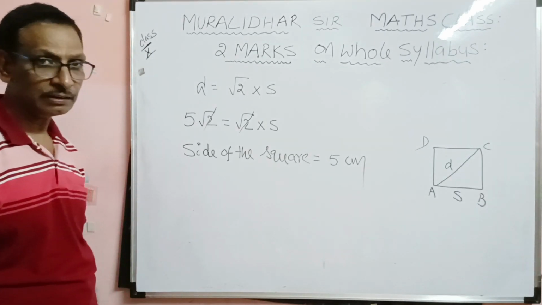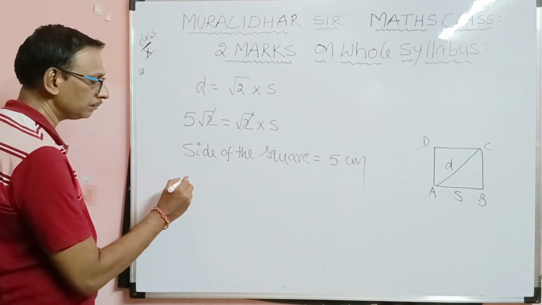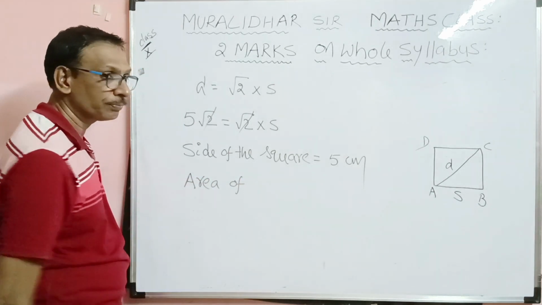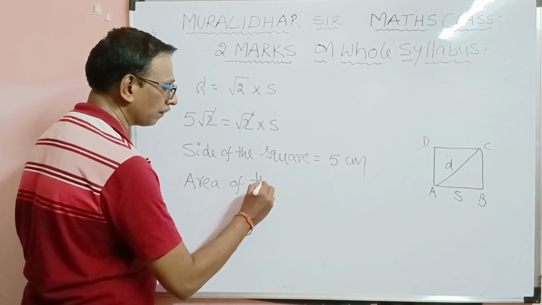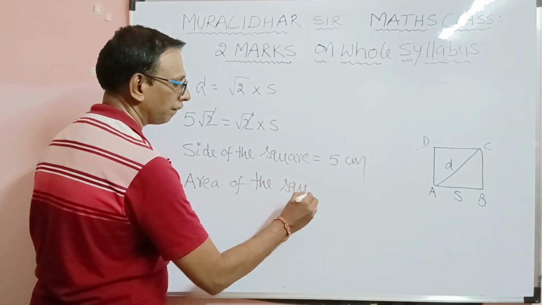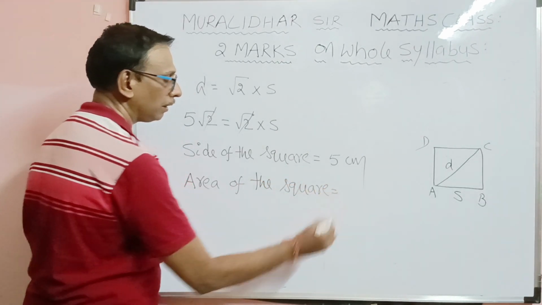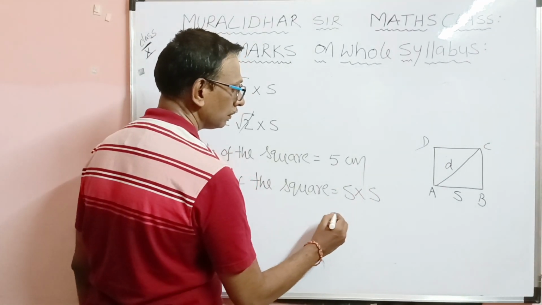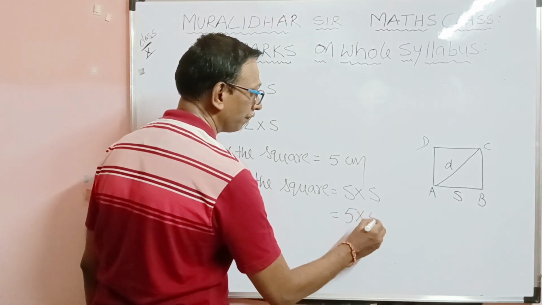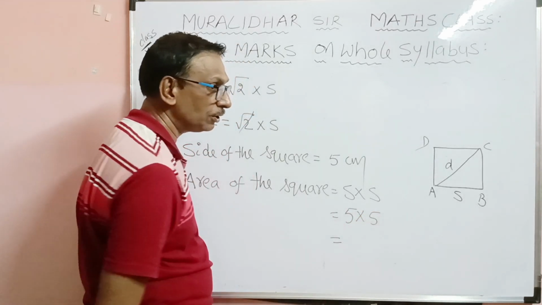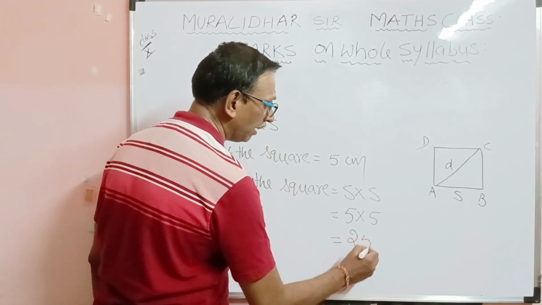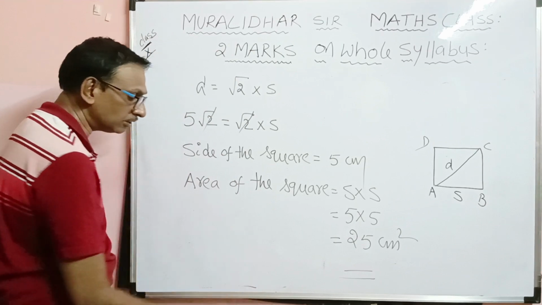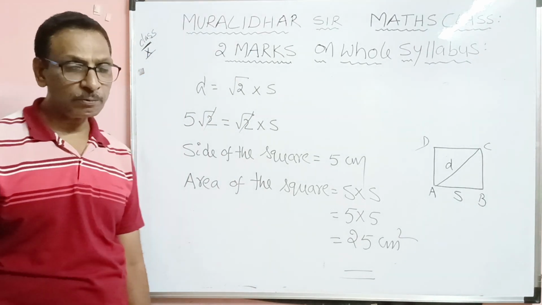Now he asked what is the area of the square. It is equal to side into side, that is 5 into 5, that is equal to 25 centimeter square. Now this is the solution for this type of problems.